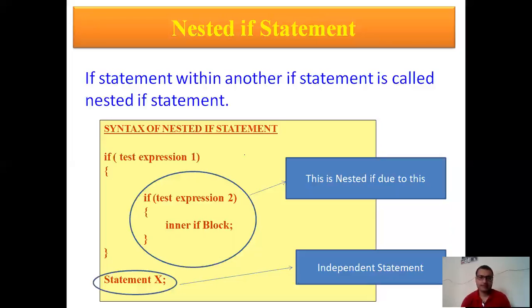Now the obvious question is how this nesting would be helpful compared to using the logical AND and logical OR operators. So see, if for every possibility you are using logical operators with multiple conditions, then a particular condition you are going to test again and again.